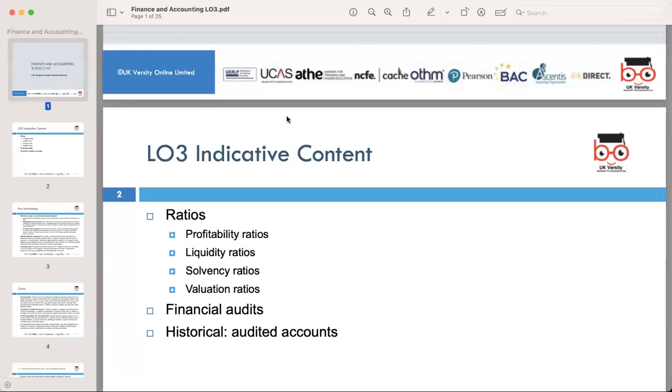Our lecture is on understanding financial statements. Financial statements are the most essential documents that provide insight into the financial health and performance of a business. In this lecture, we will cover the basics of financial statements and discuss how to interpret them effectively.